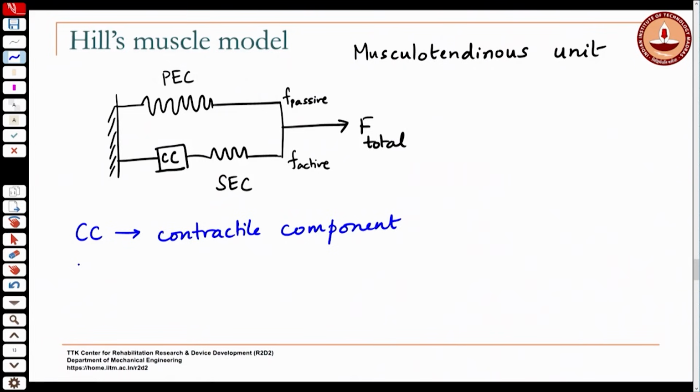Then the contractile component is in series with the tendon. You can think of it in terms of, it is in series with, so it is called the series elastic component.